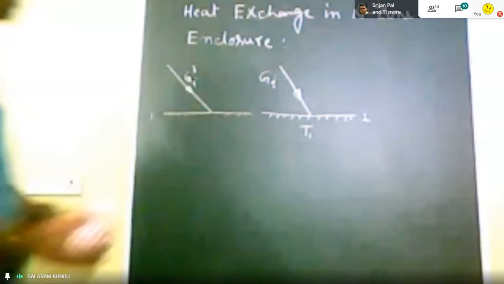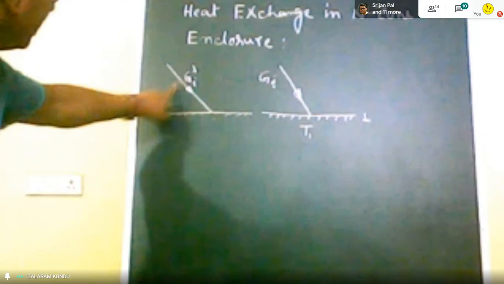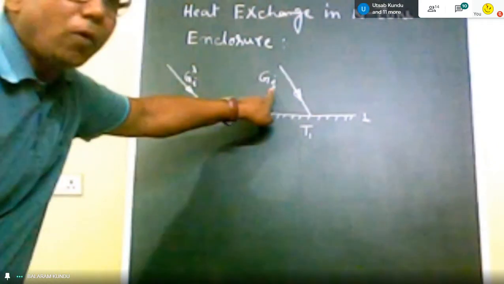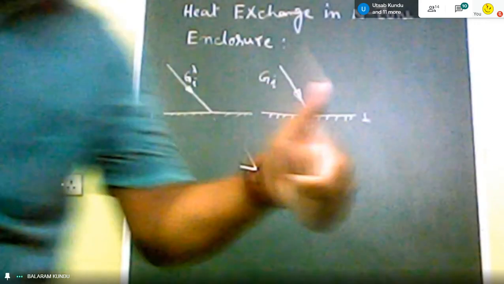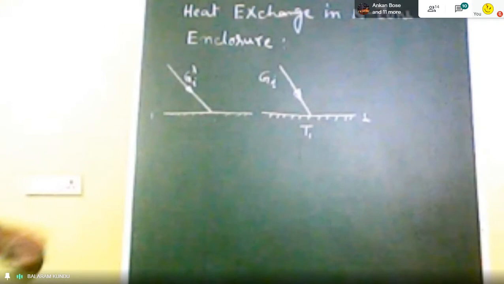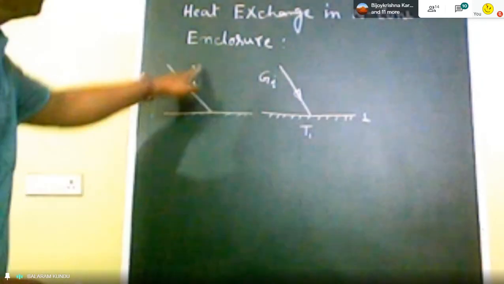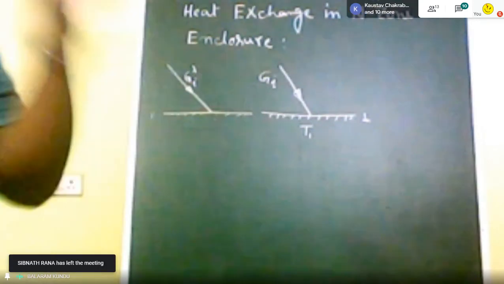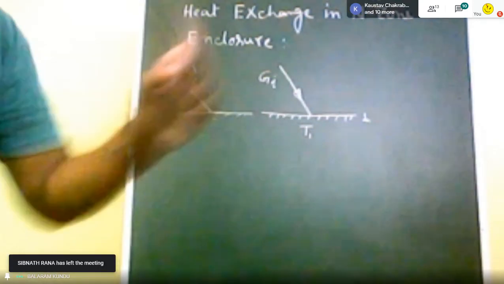So Gi represents the incident flux for all wavelengths, and Gi lambda represents the spectral incident flux, meaning incident flux for wavelength lambda.